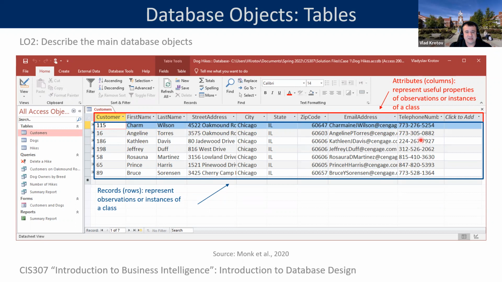Class, entity, those are synonyms. And then we already said that attributes represent properties of those specific instances, right? So for example, each customer has a property called zip code. That property reveals where that particular customer lives.